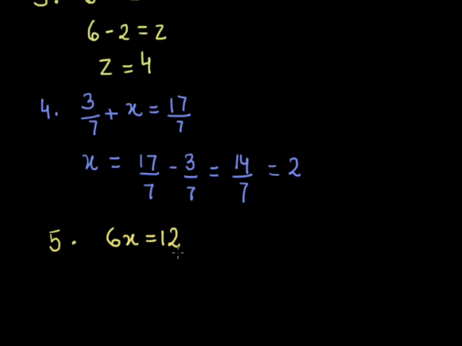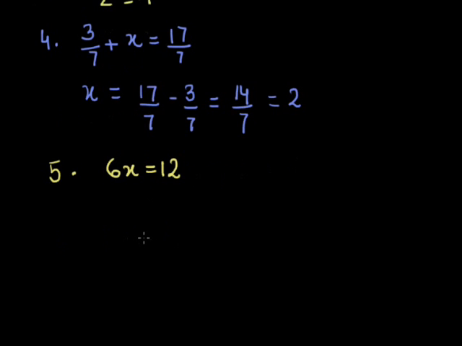The next question, the fifth question, 6x is equal to 12. Here the variable is x, and I have to find the value of x. The first method: I can divide the whole equation by 6. 6x upon 6 is equal to 12 upon 6. The 6 and 6 will be cancelled out, so x is equal to 12 upon 6, that is 2.